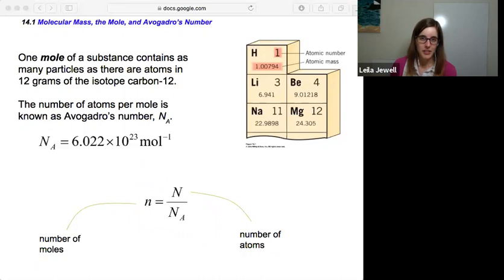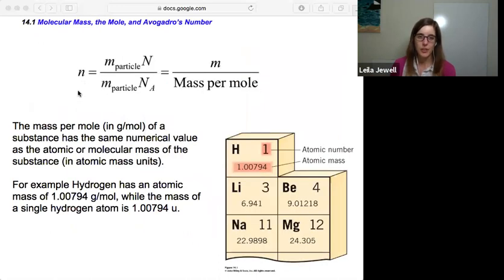Taking this a little further, if we look at that definition of the number of moles, that's the number of atoms divided by Avogadro's number, and if we multiply it by the mass of the particle divided by the mass of the particle, which is just multiplying by 1, so that's not actually changing anything. Well, if we have the mass of a particle times some number of particles, that's just going to be the total mass, m, of the substance.